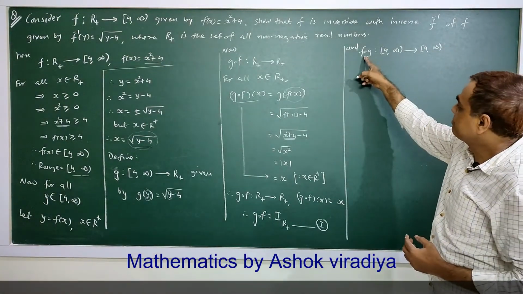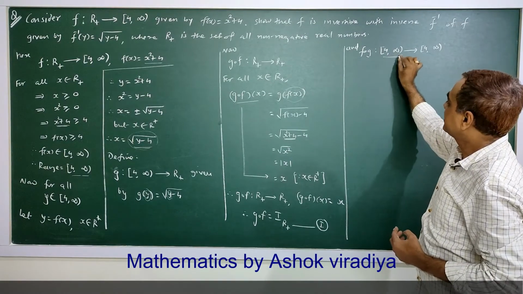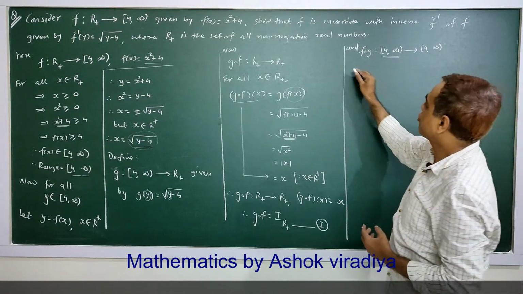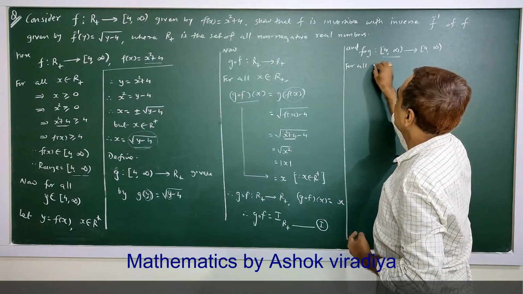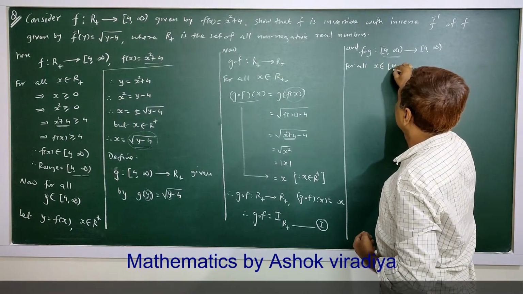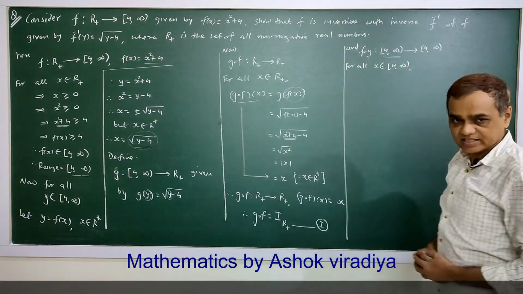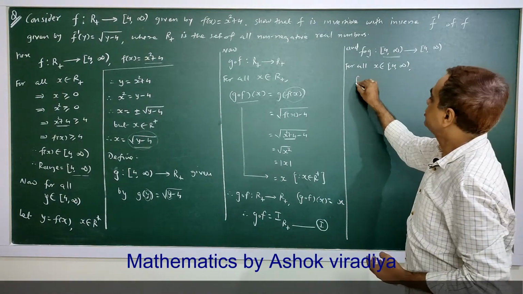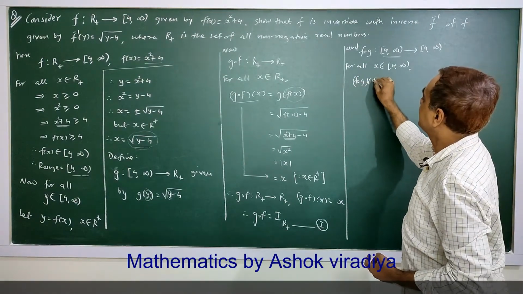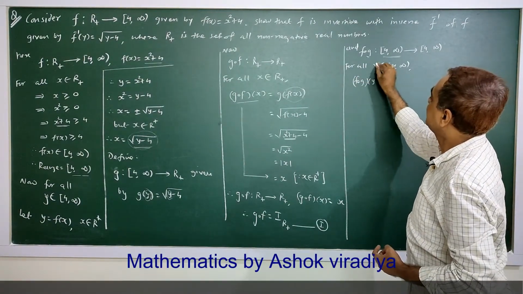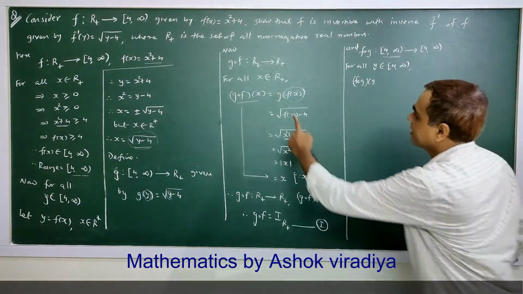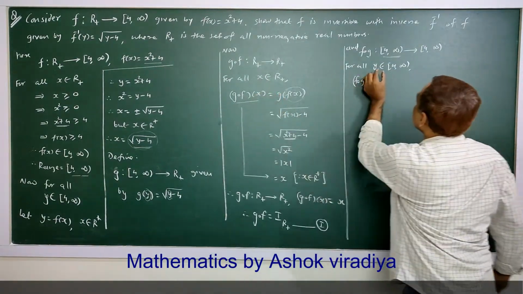So this function will work on elements of its domain. So for all y belonging to 4 to infinity, (f∘g)(y), here we change the variable, we take y. Here we had taken x, here we are taking y.